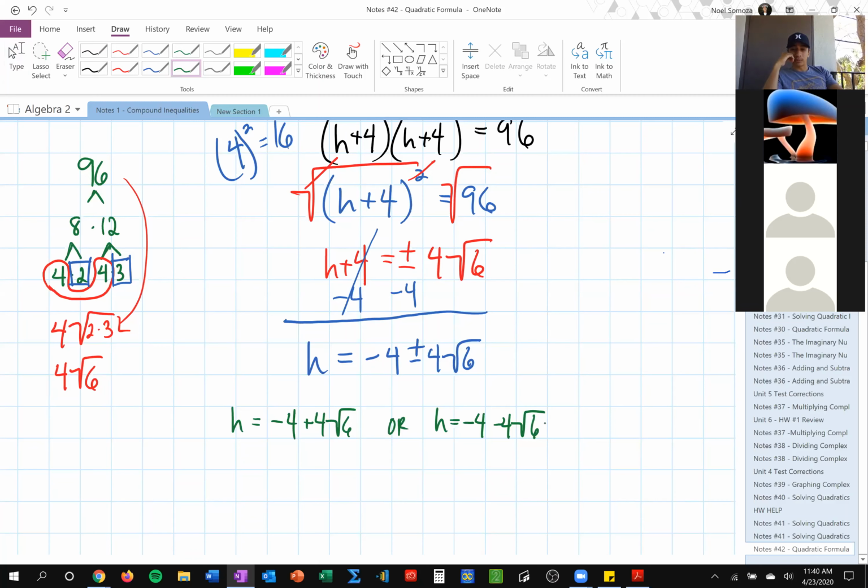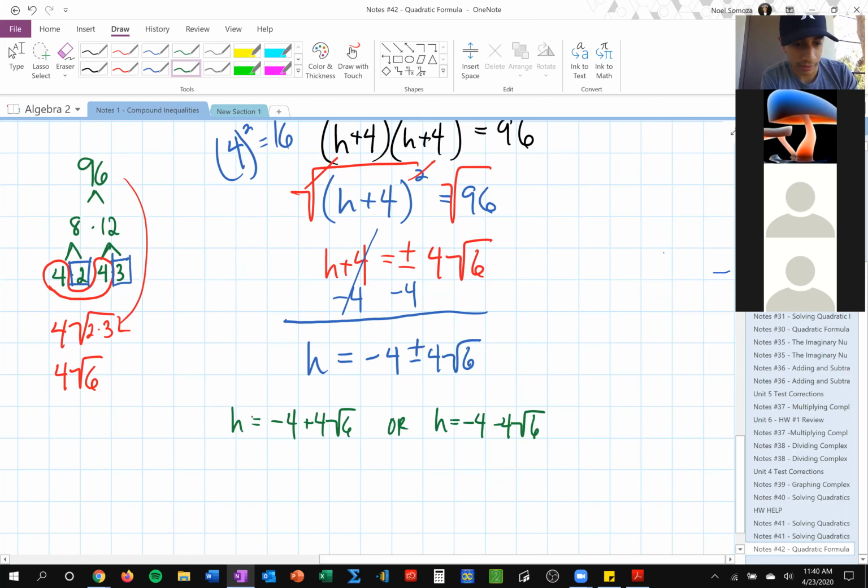Guess which one is probably going to be wrong. Yeah, the one with 2 negative signs, because you're going to take a negative and subtract from it. It's going to be more negative.